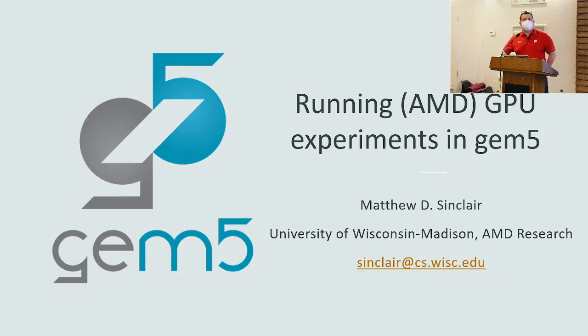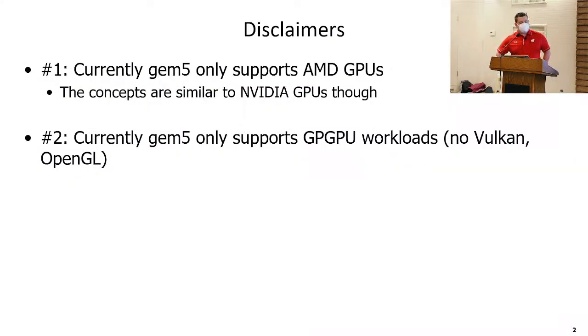Having said all that, my name is Matt. I am a professor at the University of Wisconsin, and I'm going to be going through the unit of the boot camp on running GPU models in gem5. A couple quick disclaimers, the most pressing question I've gotten from you is, can I run NVIDIA GPUs in gem5?